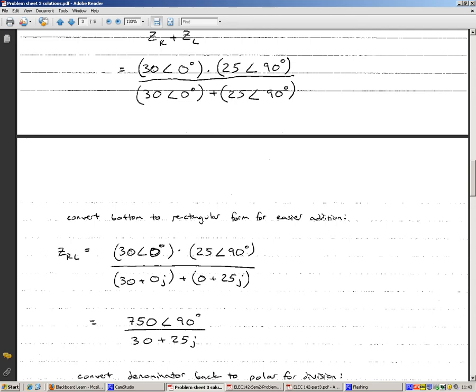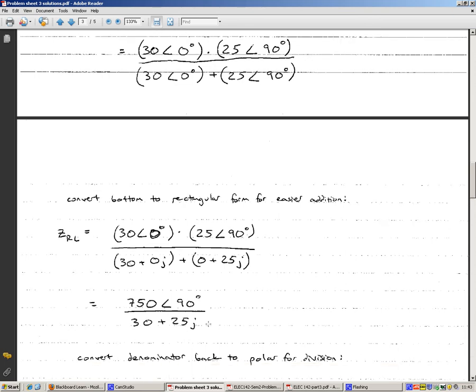So this becomes 30 times 25, which is 750, at an angle of 0 plus 90 degrees, so that's 90 degrees. The bottom is just rectangular form, so it's 30 plus 0, which is 30, plus 0 plus 25j, which is 25j. So that's our simplified expression.